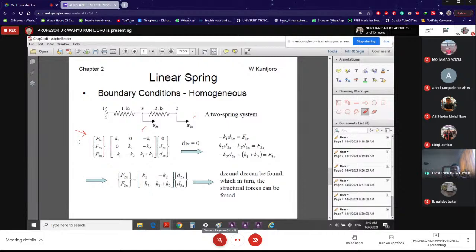So when we introduce the boundary condition, we try to observe which node is not having displacement. The node that will not have displacement is this node over here. That will not have motion because it is support.